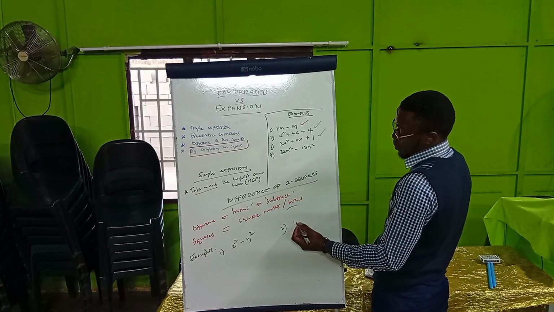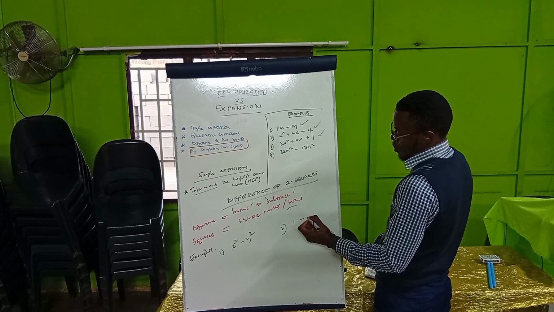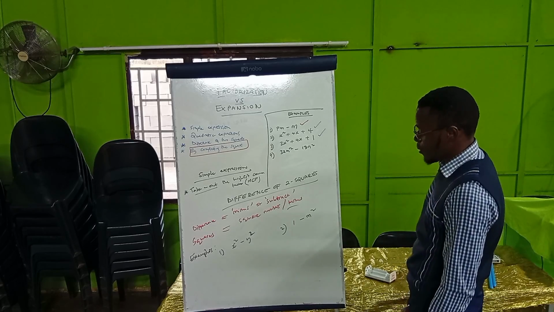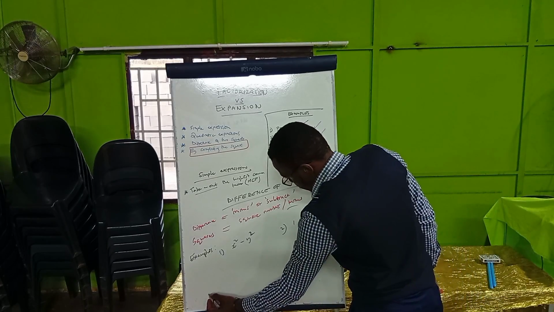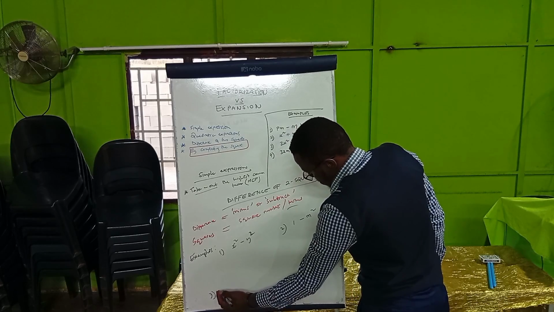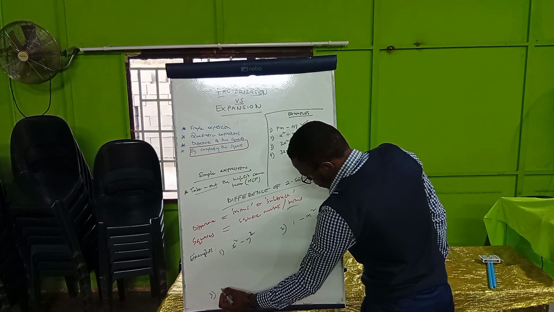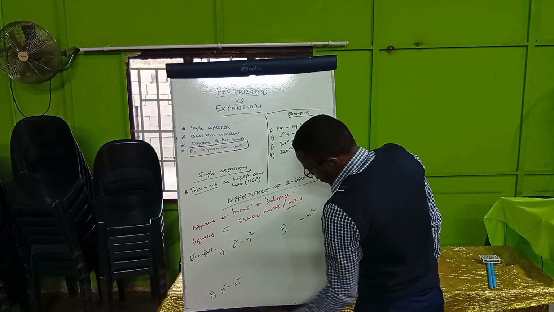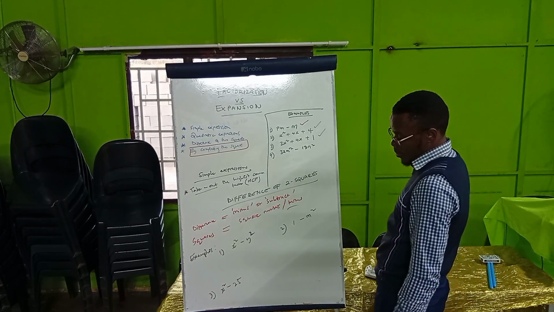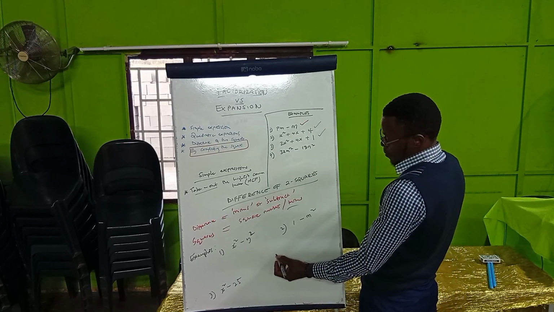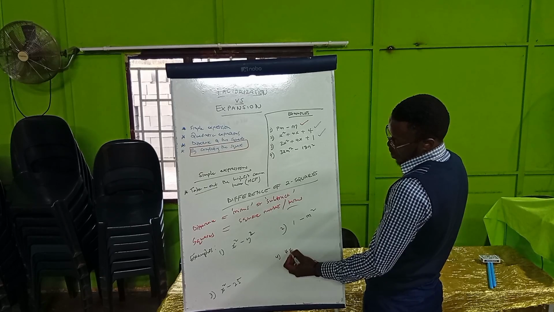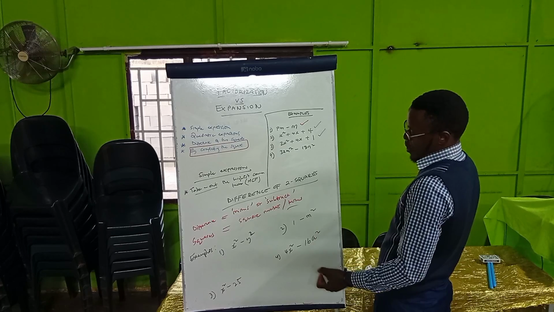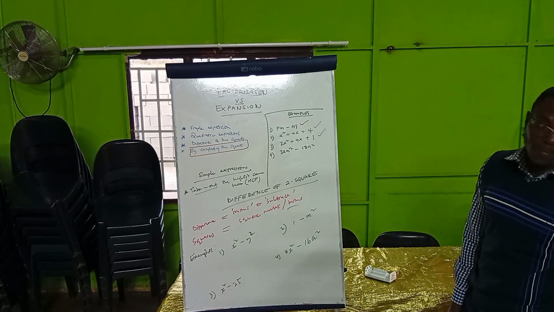And then 1 minus m squared, it's another difference of two squares. 3x squared minus 25 is a difference of two squares as well. Then maybe 4x squared minus 16a squared is another difference of two squares.